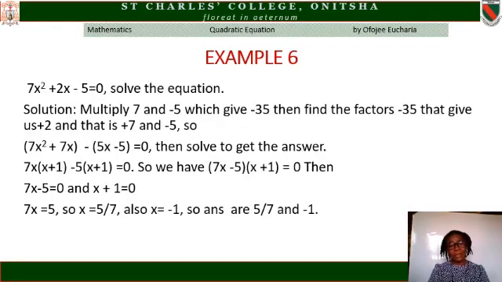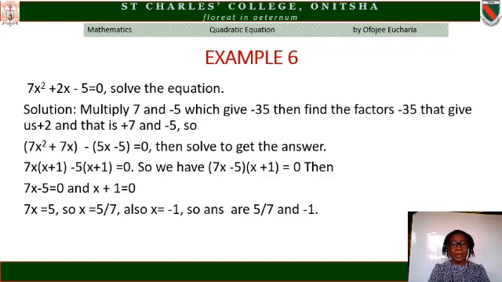In example 6, we are asked to solve 7x squared plus 2x minus 5 equals 0. Since 7 is the coefficient of x squared and not 1, we multiply 7 and minus 5, which gives us minus 35.